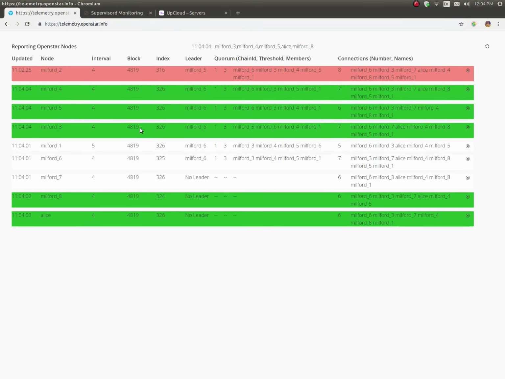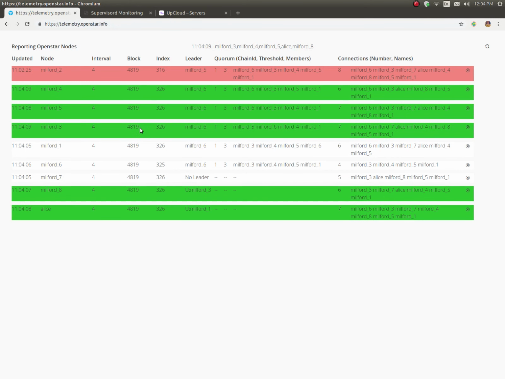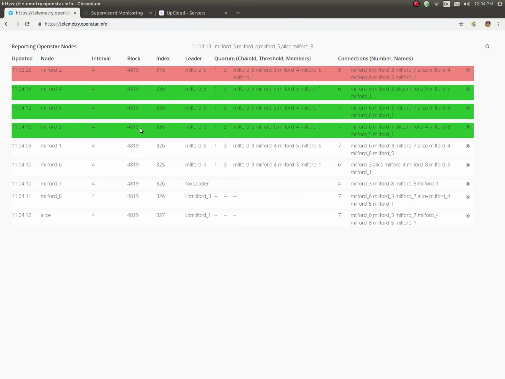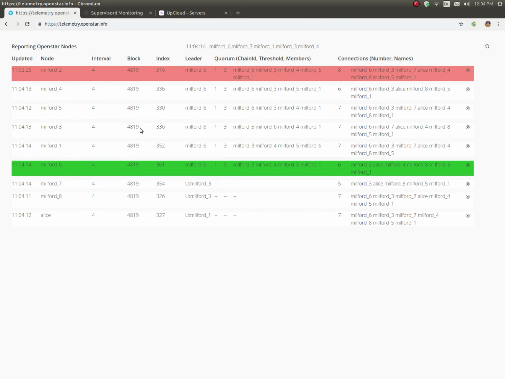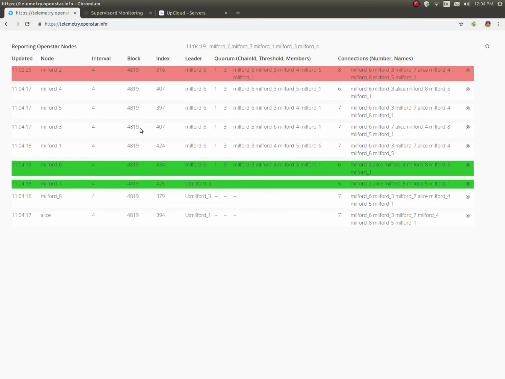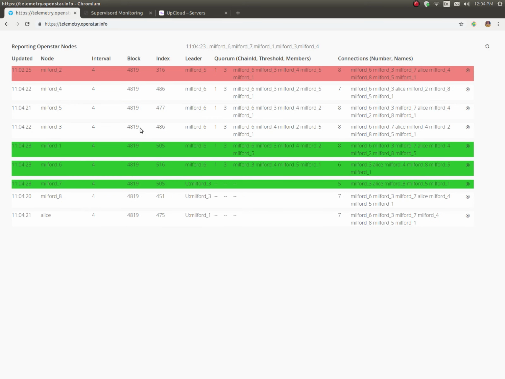And so they've elected the leader, which is Milford 6. And the upstream from Milford 7 and 8 is now Milford 3. For Alice, it's Milford 1. And so the transactions continue.